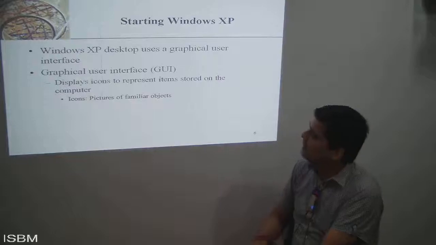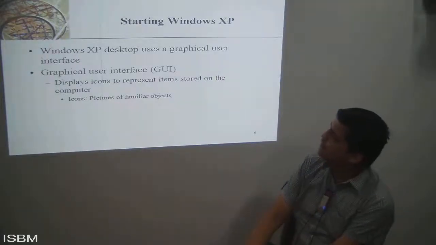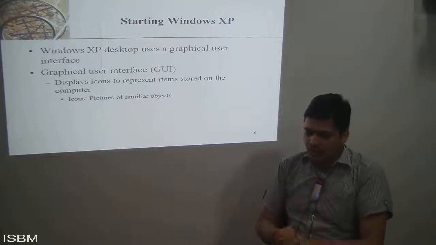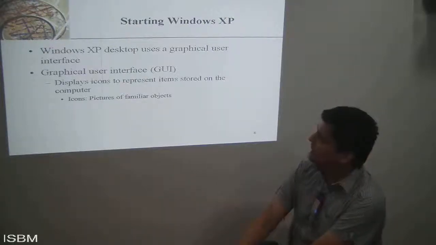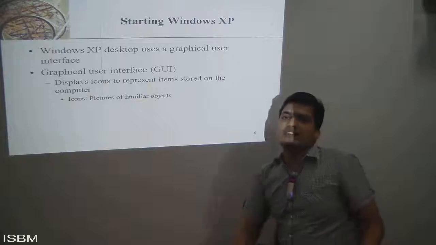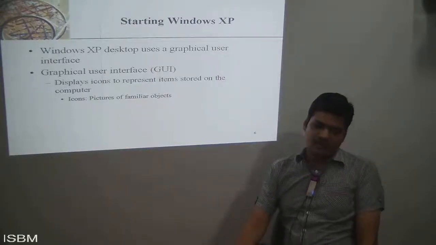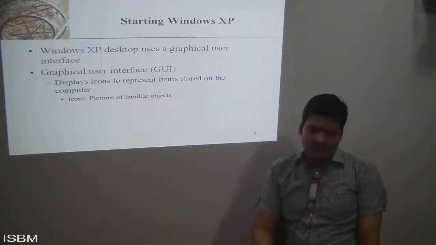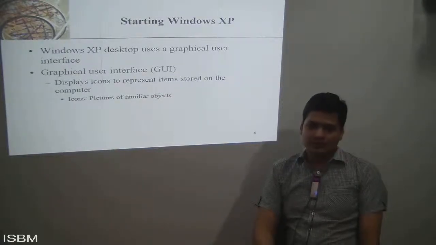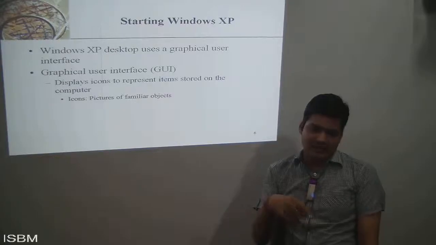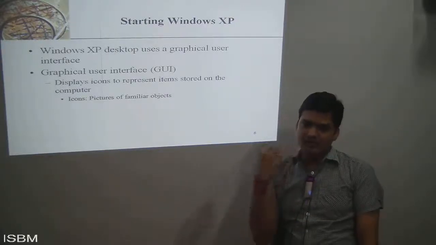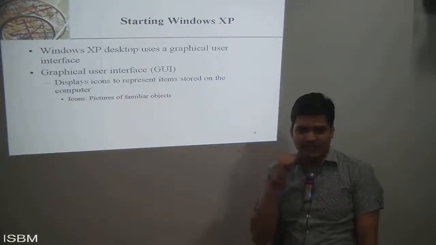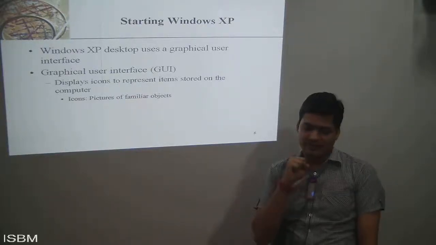Then next, the Windows XP desktop uses a graphical user interface. What about the graphical user interface? It is a kind of software, basically, which is used to provide the graphic scenario in your system. Just like sometimes we play games which require graphics.